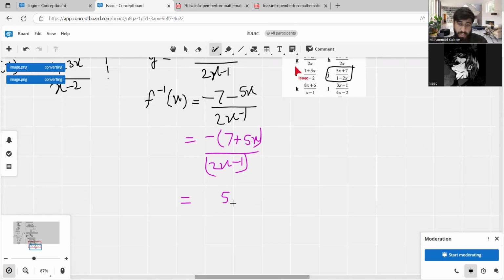So the denominator will be 5x plus 7, because in addition we can write anything. We can move the negative anywhere, like this negative will be taken here. As this negative is multiplied with 2x, it will become negative, and minus 1 will be turned into positive. Does this make sense? Even if you write this answer, it will be considered a correct answer. If you want to write it like this, basically it looks a little bit awkward if we have a negative in the starting. So always try to write the positive thing in the starting.